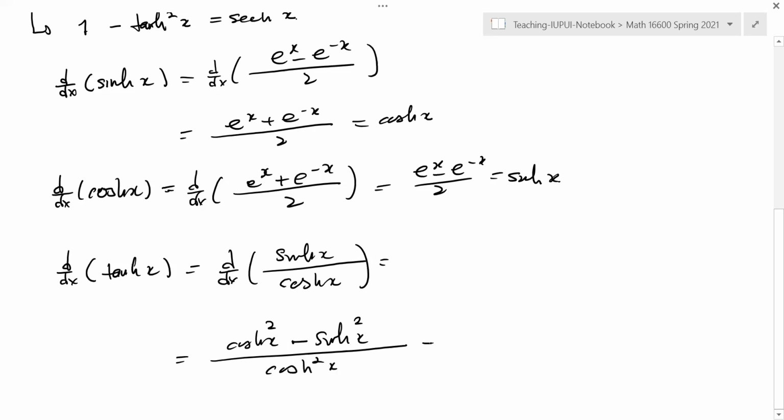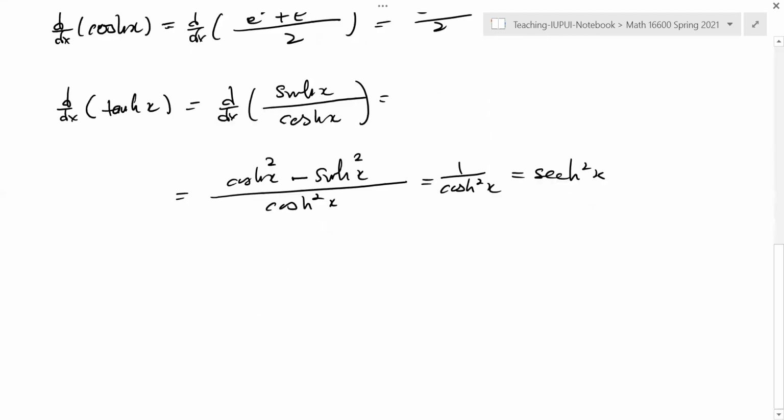From here you can tell that the one on top is 1, and so it's hyperbolic secant squared x, because hyperbolic cosine squared x minus hyperbolic sine squared x is equal to 1. So those are the derivatives.